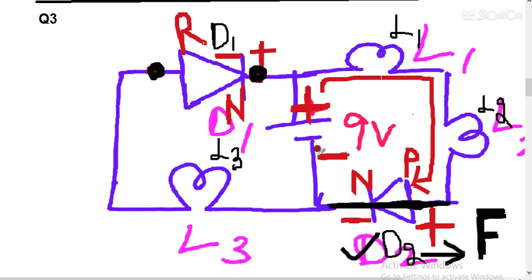You can see here negative voltage is connected to the P terminal of the diode. In the PN junction diode, the N terminal is connected to positive voltage and the P terminal is connected to negative voltage. That's why it is reverse biased. And in this case the positive terminal is connected to the P side and the negative terminal of the battery is connected to the N side. So this is forward biased. Students, I hope it is clear why D1 is reverse biased and why D2 is forward biased.